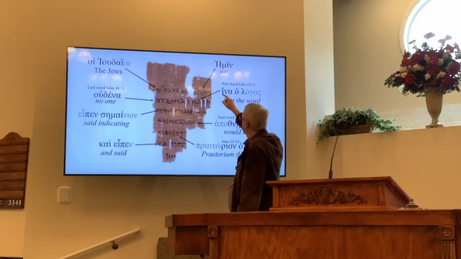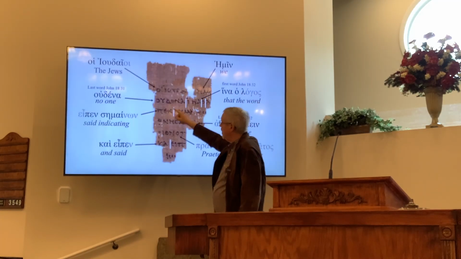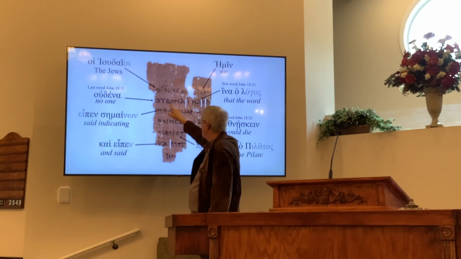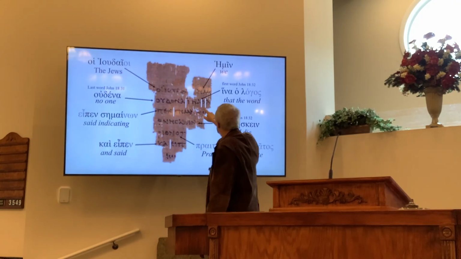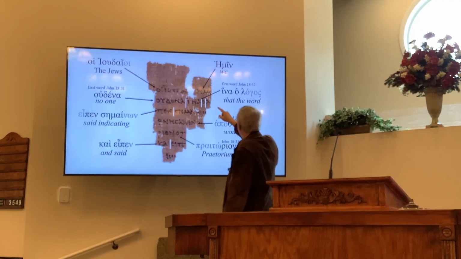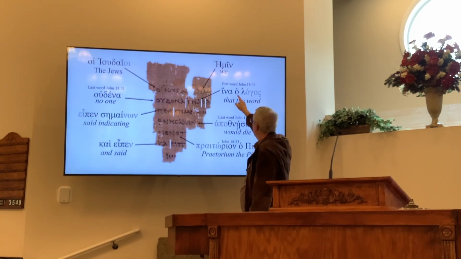Haman, that is we. Then Udina, or Udena, that is no one, which is the last word of verse 31. And we come over here, Ina ha, and then we have a lambda for logos, the word.